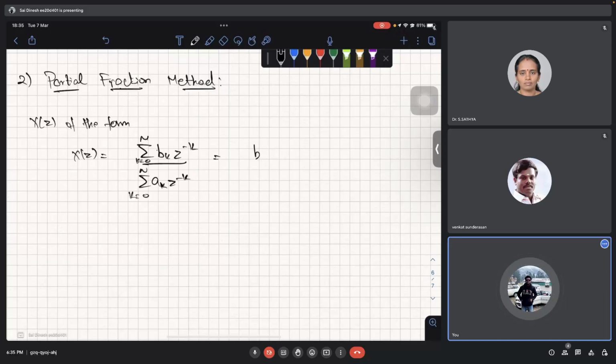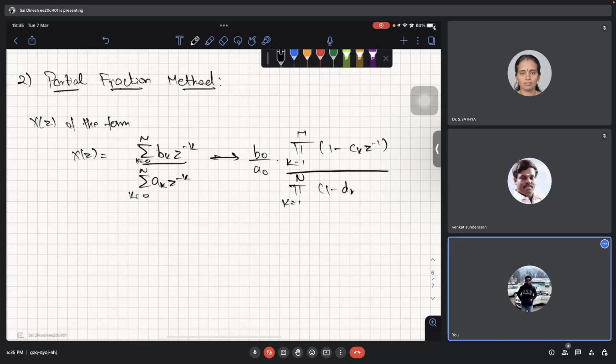So here we make it of the form b naught by a naught, you find the factors and change it into the product of factors, k equal to 1 to n, 1 minus dk z inverse.